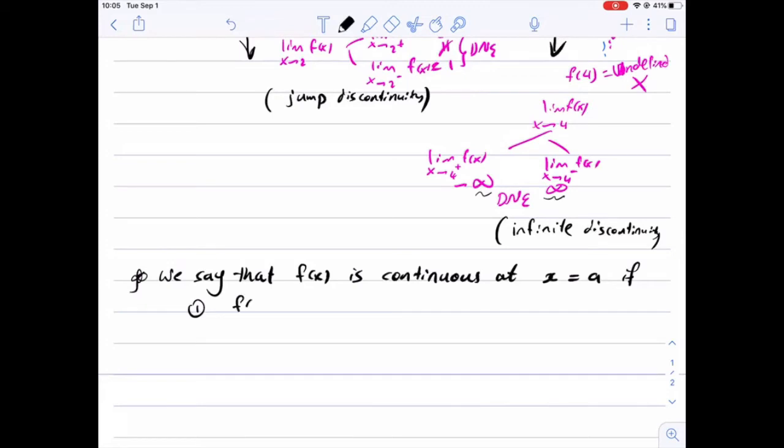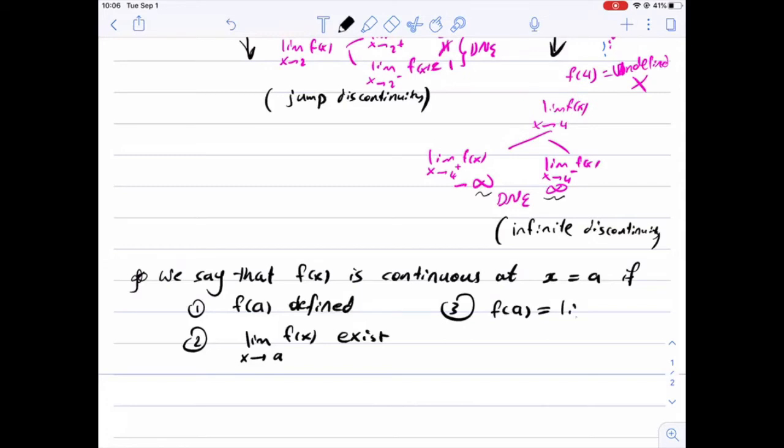First, f of a: when we plug a into the function, we get a value, a real number, so it is defined. The second condition is that the limit of the function f of x as x approaches a does exist. And the third condition is that the image f of a is equal to the limit. So those are the three conditions.